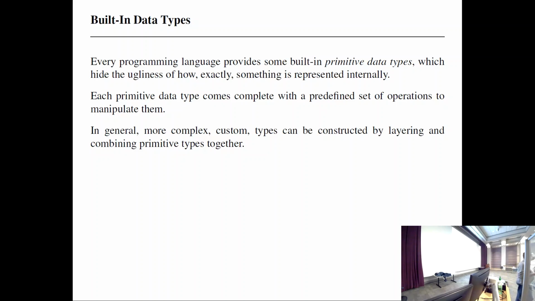A student is represented by a first name, a last name, a student identifier, a home address, a zip code, a grade point average, a collection of classes they've taken. All those things are primitive data types, but the collection of them configured in a certain way can be used to represent a student in my classroom scheduling system. So we'll start with the basics, the built-in types, and throughout the course of the semester we'll build more complex types out of those.